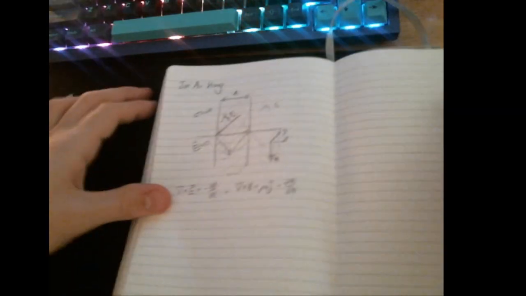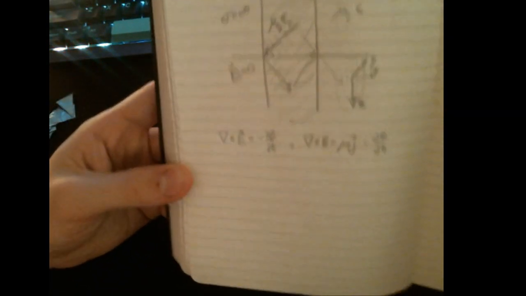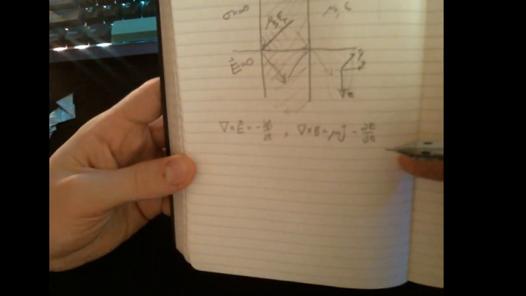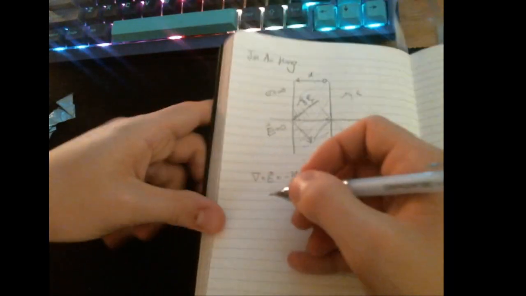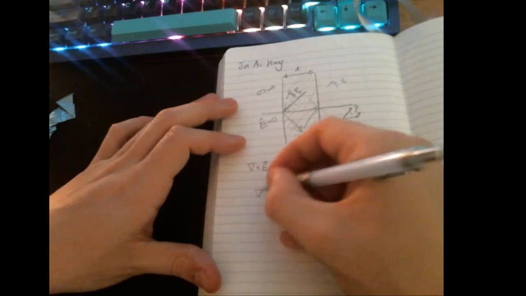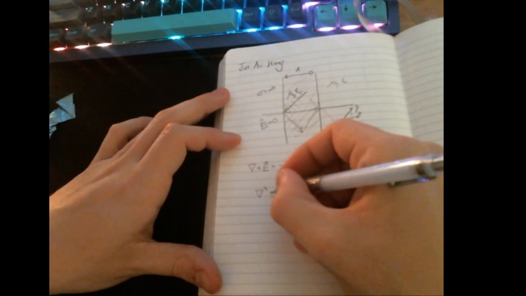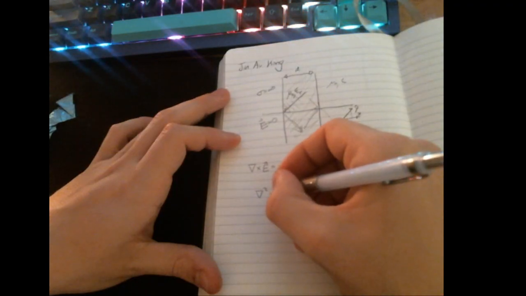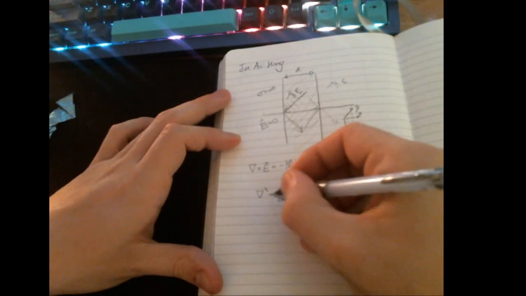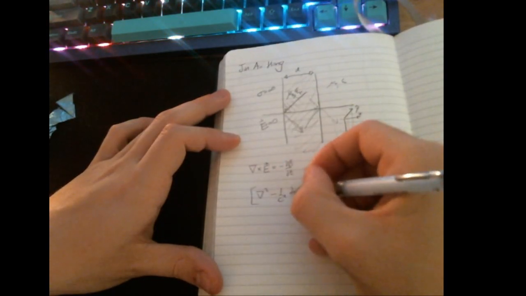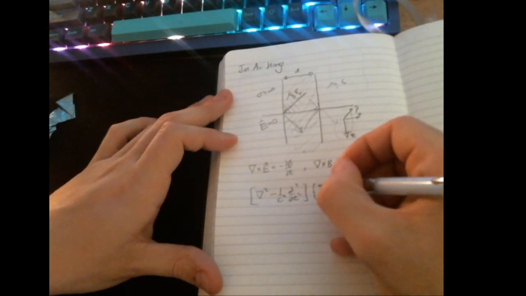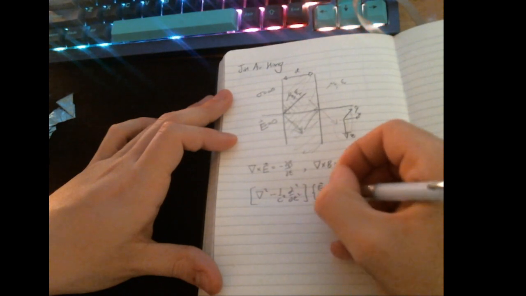So we use these two laws, and then the way you do it is you can take the curl of either of these again, and the main result is you get an equation in the form of this. And so I'll get into it. We essentially get the gradient squared minus 1 over c squared d squared dt squared times this vector, which is either the electric or the magnetic field.